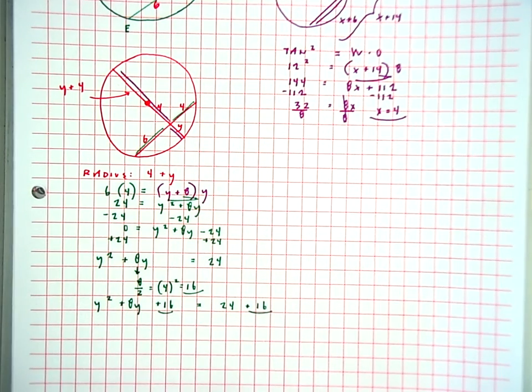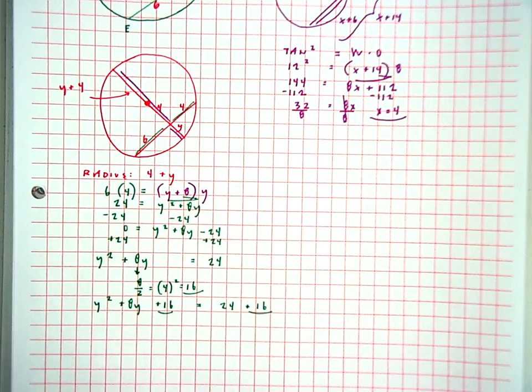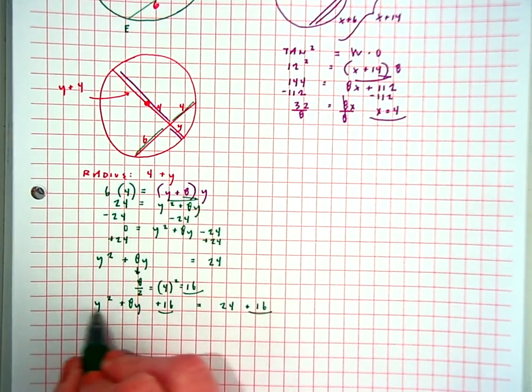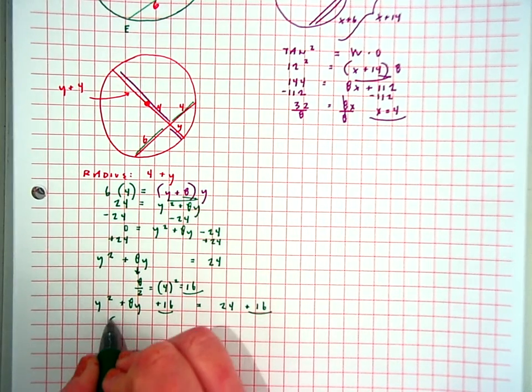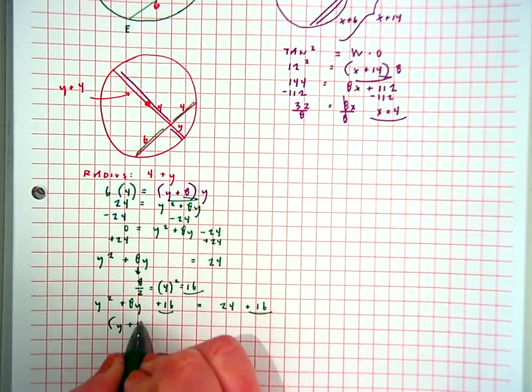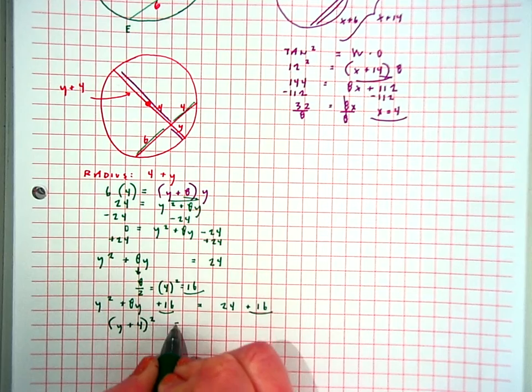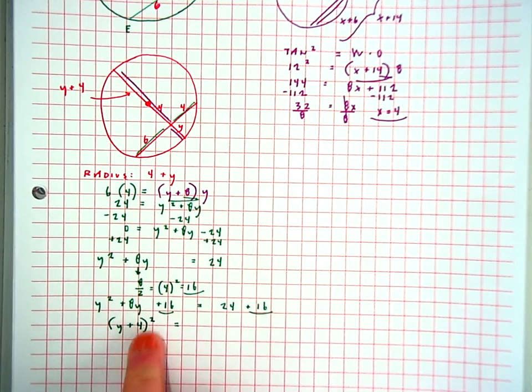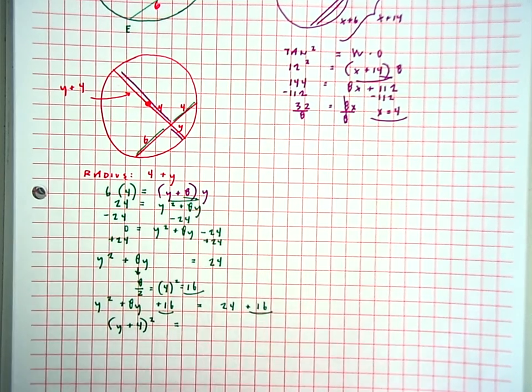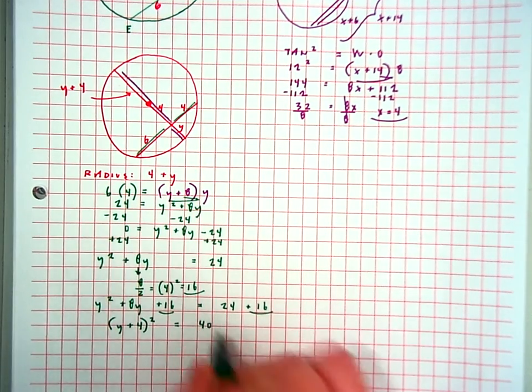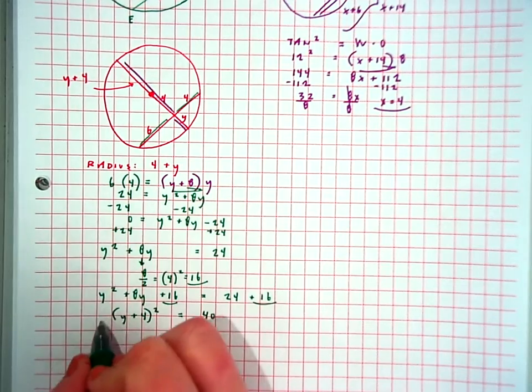Okay, so what I do to one side, I have to do to the other. And the whole point of doing that was to create a perfect square trinomial that factors into a binomial squared. So y plus 4 as a quantity squared equals, over here, 40. And now I can solve by taking the square root of each side.